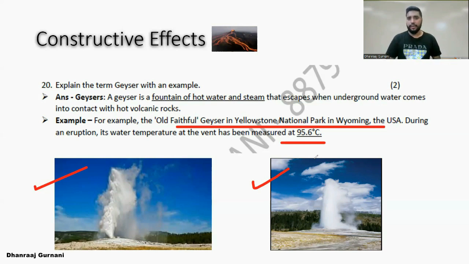Hot springs you can bathe in and they also have medicinal properties. As you know, there is more content of sulfur, used to cure skin diseases. Here, geysers are very hot, that is 95.6 degrees near the vent. Hence, bathing is not possible. So, in case they ask you the difference between geyser and hot spring, you have the meaning as well as the example.